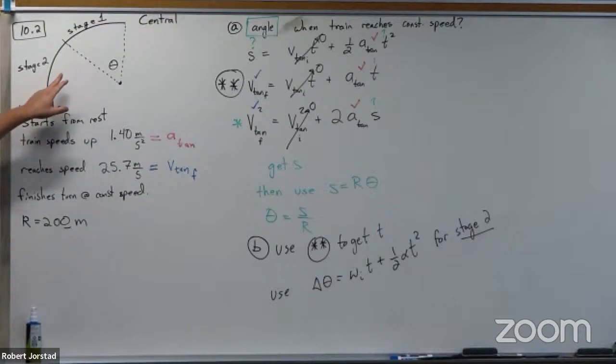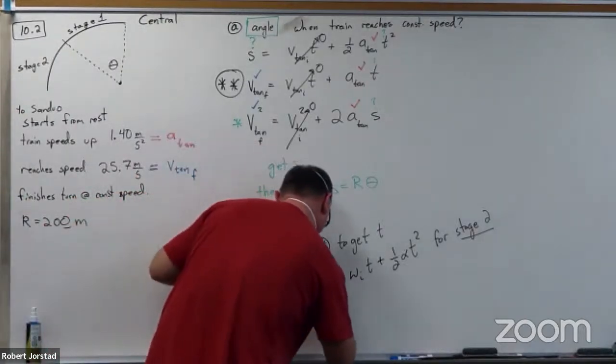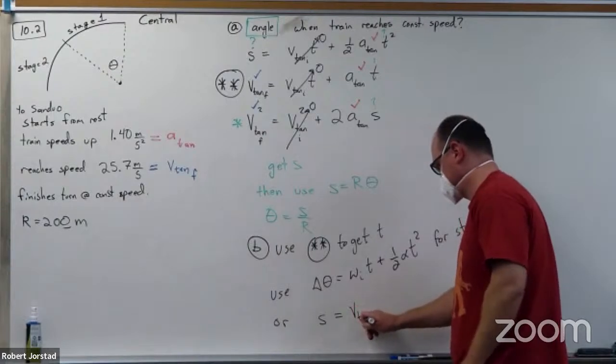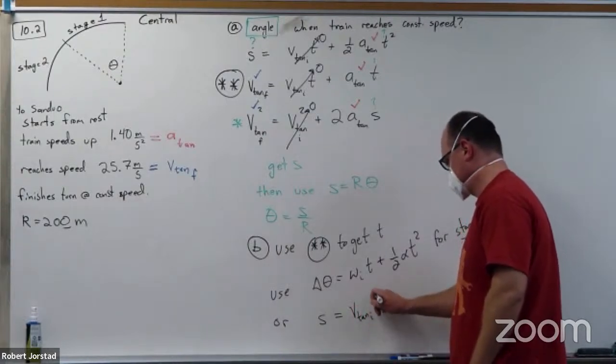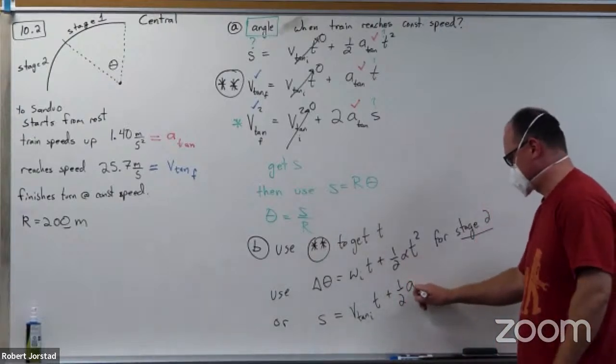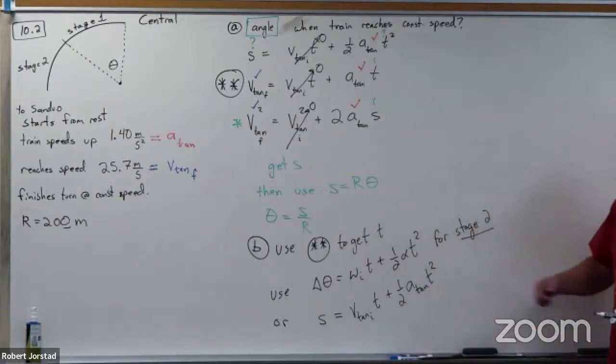Afterwards, I could figure out the angle for stage two or the arc length. And maybe this would be easier. Actually, I do like this one a little bit easier.